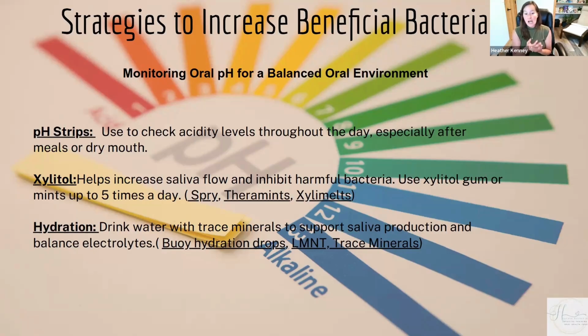So anyone who is on any type of reverse osmosis or filtered water, I usually encourage adding in a pinch of Himalayan salt or Celtic salt, or making sure that you're adding electrolytes in so that you are actually hydrating. And understand some bottled waters or some water can be on the acidic side as well. So really pay attention to some of that.